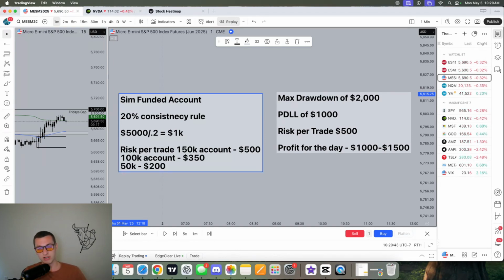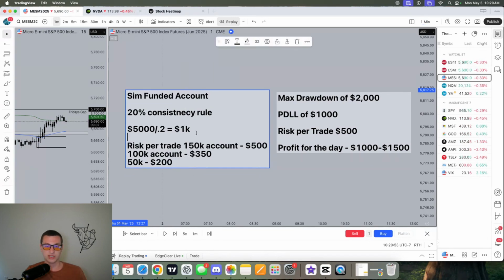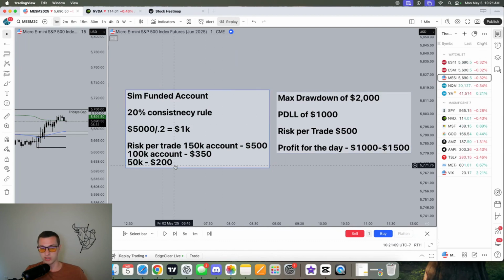The sim funded accounts are more expensive, and you don't want to be blowing these things just willy-nilly. So I would highly recommend sticking to this risk tolerance for the sim funded account, and just shoot for your profit target. You have to make a number in your head that you're comfortable with, that's going to allow you to take the payout on the consistency rule, but also not make it too far that you're going to struggle with trading size and whatnot.